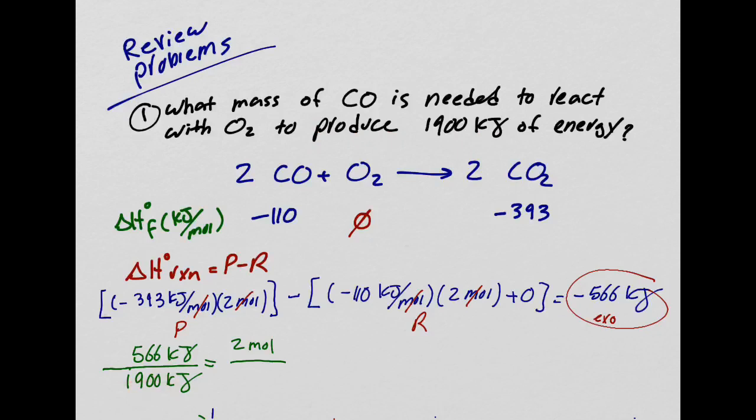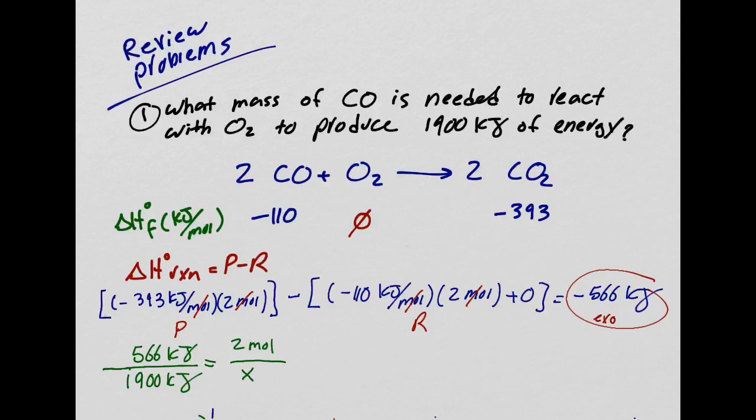Now, I want this much energy. You can do a proportion. So, how many moles of carbon monoxide do I need? I'm going to repeat this again. When you run this reaction as is, which is 2 moles of carbon monoxide with 1 mole of oxygen, producing 2 moles of carbon dioxide, 566 kilojoules of energy is released.